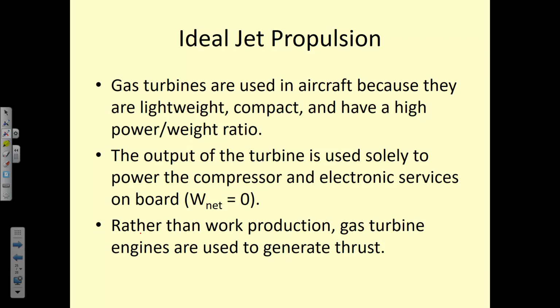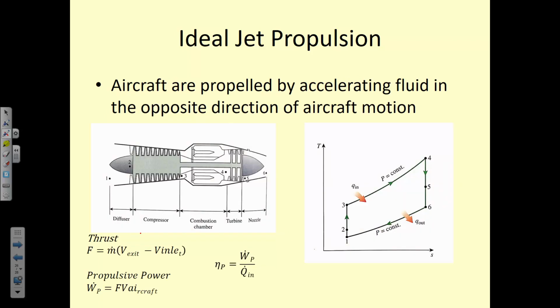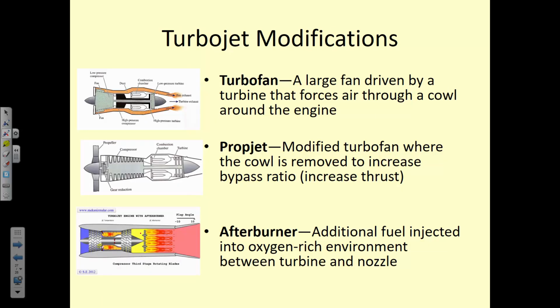There's no energy generation, so our net work out is zero. And we use it to fly airplanes or jets. And so they're propelled because we're accelerating fluid in the opposite direction of aircraft motion. So the turbine, rather than accelerating blades to do work, they're accelerating blades to push more air out.